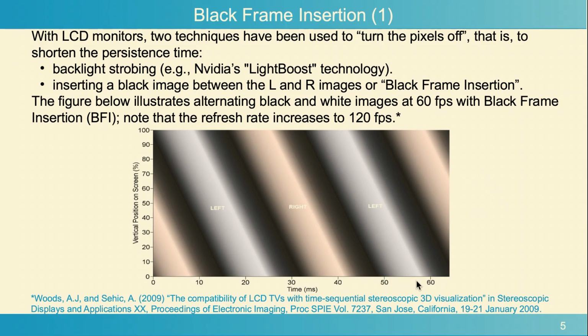So you see that in this diagram, things are happening faster and it's better, but even in this diagram, if you try and find a vertical slice here that just has a clean left image or clean right image, it's not possible.